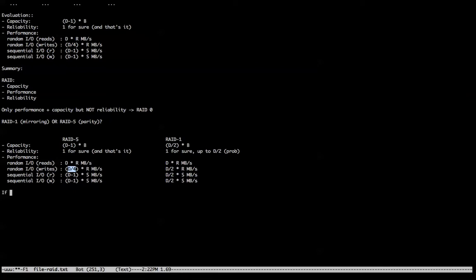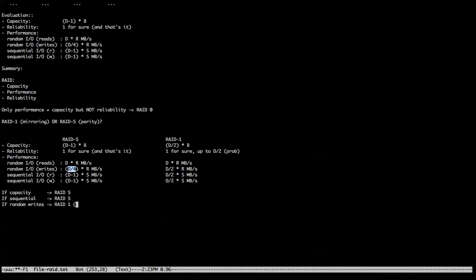So if you care about capacity, that's your major goal, RAID 5. If you care about sequential performance and you want the reliability again, which most people do, then it's RAID 5. But if you care about random writes, that's your major performance bottleneck, then you go with RAID 1.